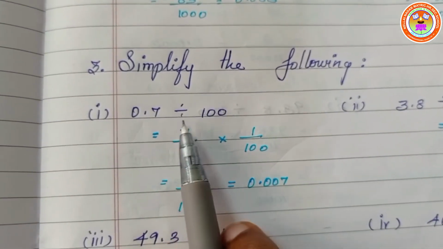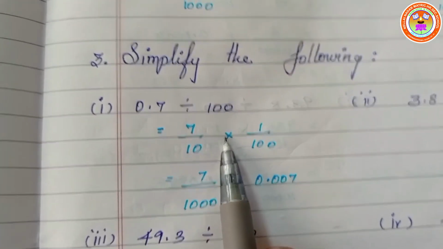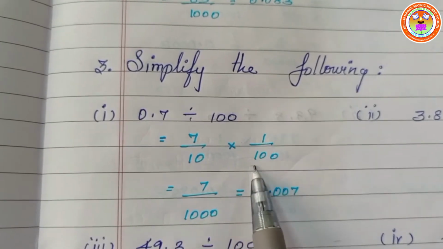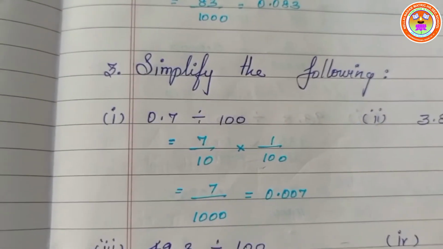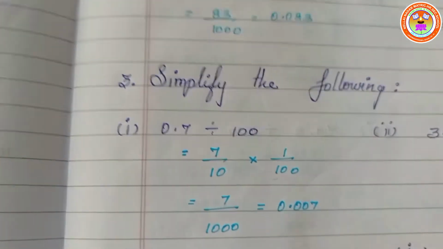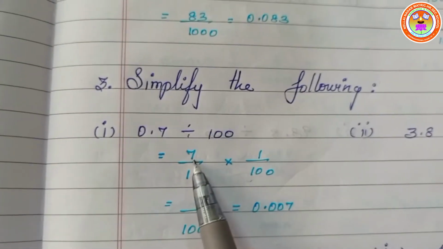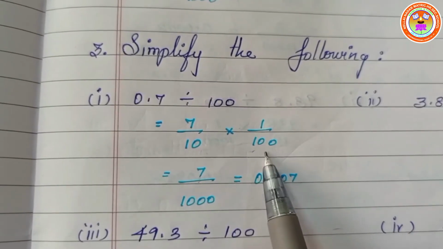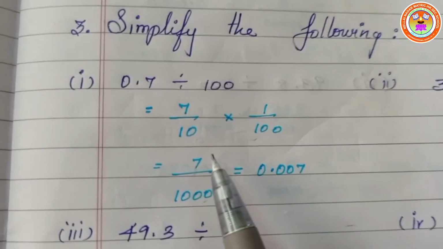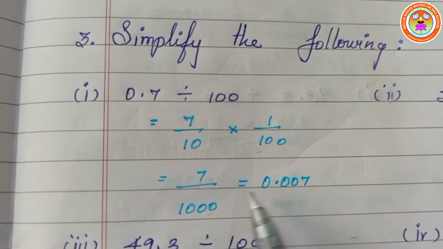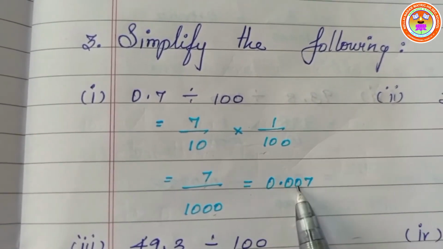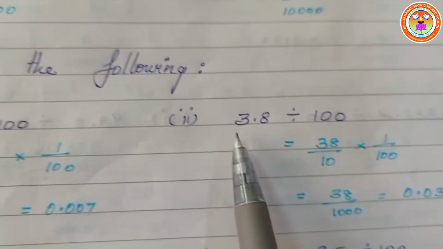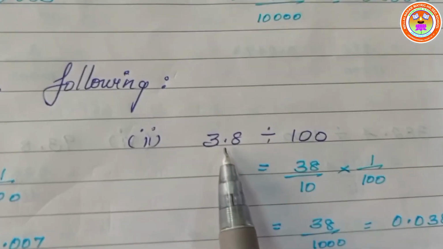Okay. Next we are converting division into multiplication and writing the reciprocal of 100, 1 by 100. The same procedure only we are going to follow for each one. Okay. So now multiply 7 into 1 which is 7. 10 into 100 is 1000. So 7 by 1000 can be written as 0.007. Understood?